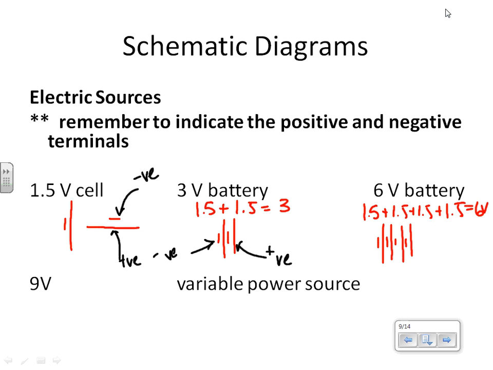All right, and hopefully you can figure out what a 9-volt battery would look like. So there's 3, 6, 9. Okay, so the larger the voltage, the more lines you have to draw.